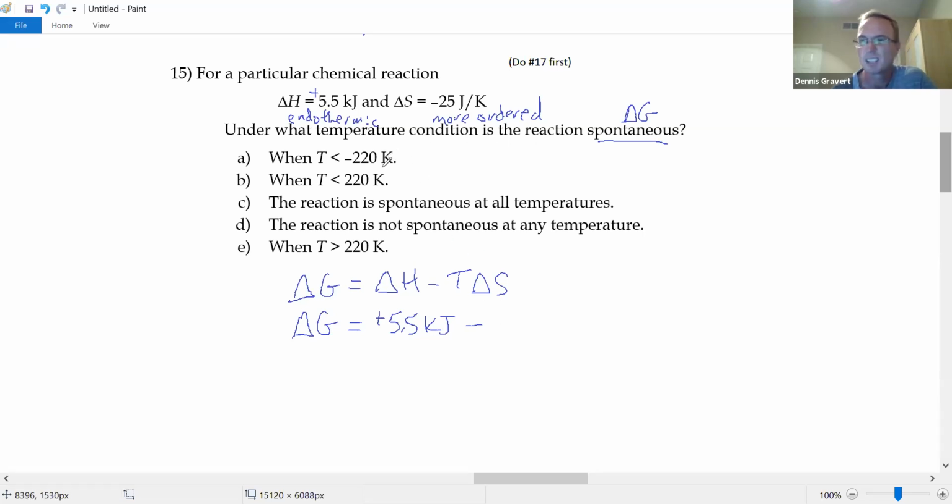Oh, it wants to know what temperature. Ew. So I need to guess some numbers. That's one way to solve it. And maybe you might want to guess 220, since those are some possible answers. S is a negative 25 joules per Kelvin. Okay, let's get rid of the minus sign. A minus times a minus is a positive.